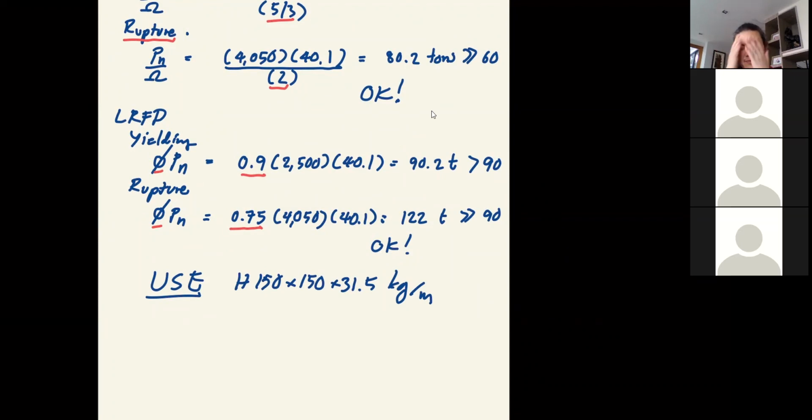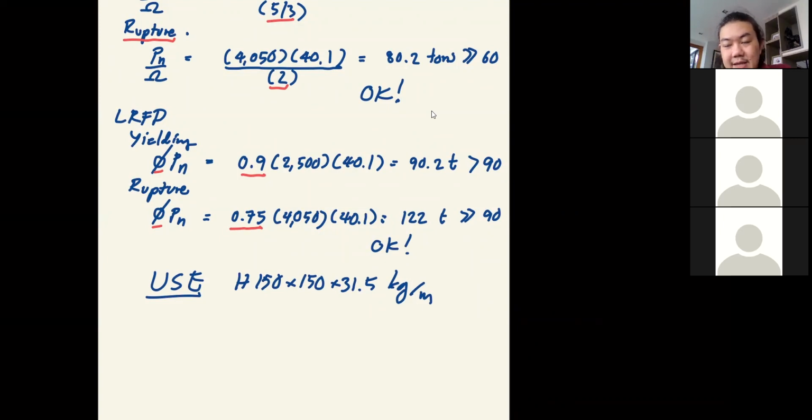Is there any question up to this point? Is it okay that I calculate only ASD?